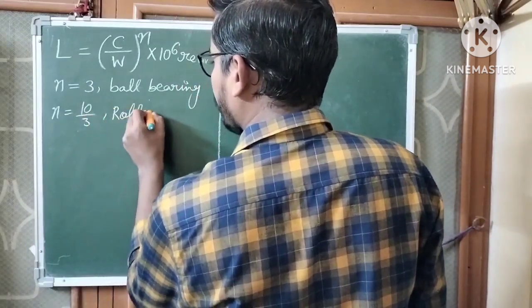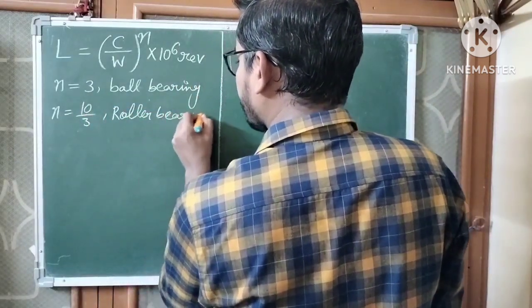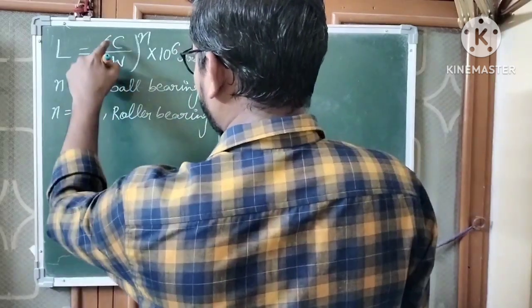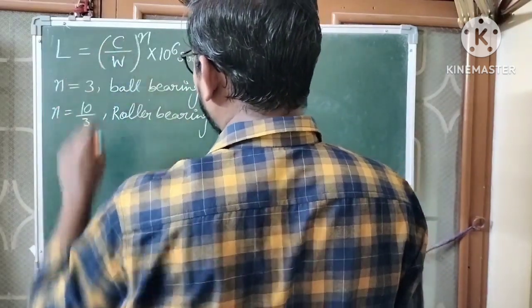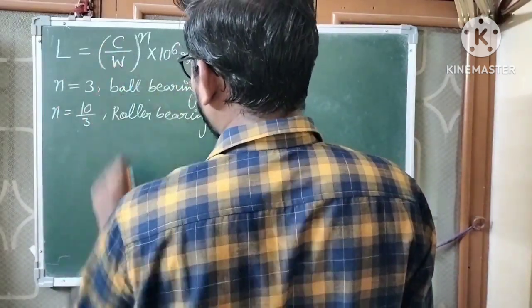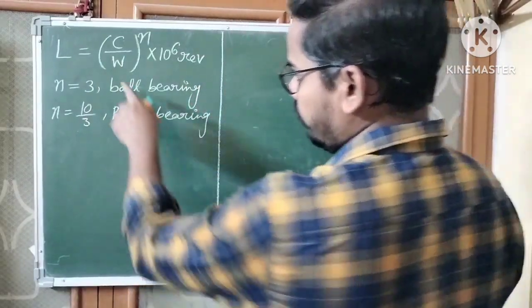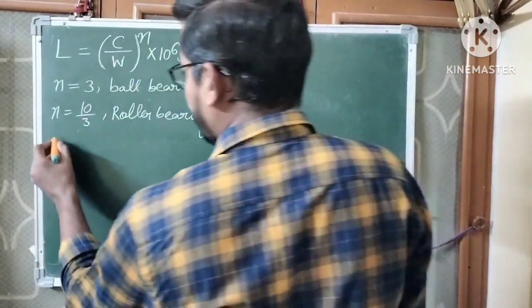C is the dynamic load capacity, W is the equivalent dynamic load, so anyhow we need W.